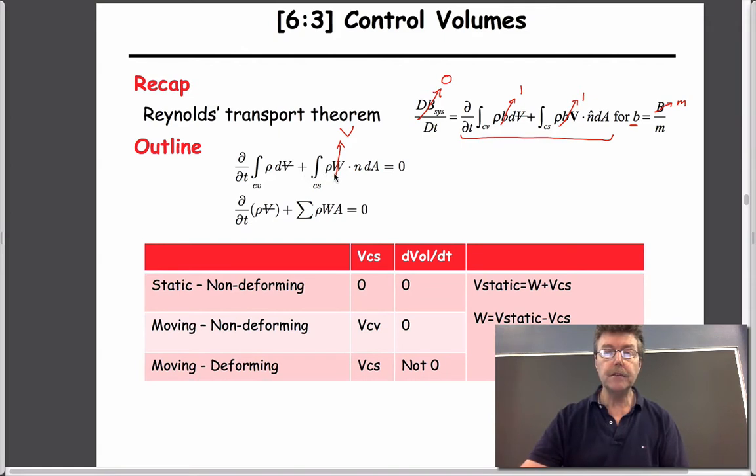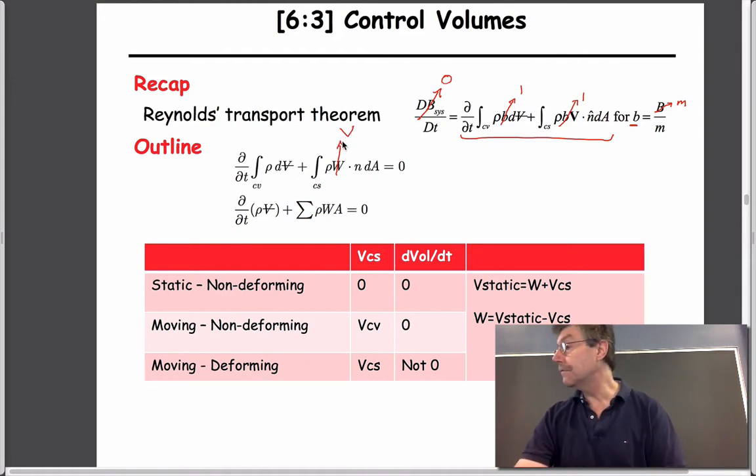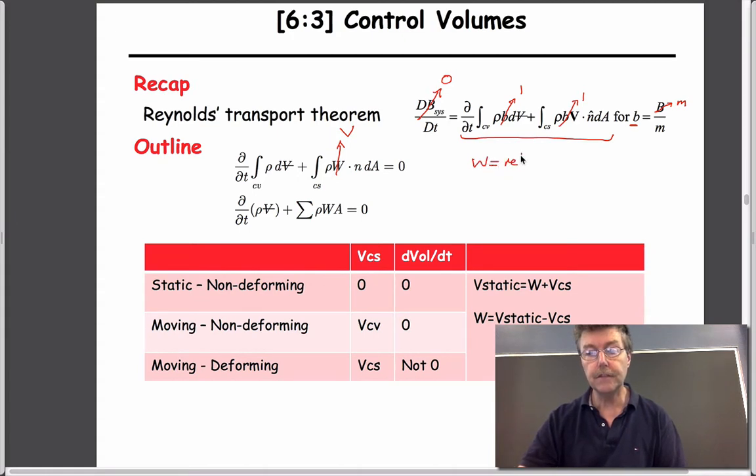But today we'll make the case that this velocity should not actually be the absolute velocity of flow, but it should be the relative velocity of flow relative to the control volume. And so W in this is relative velocity. We'll deal with that in due course.